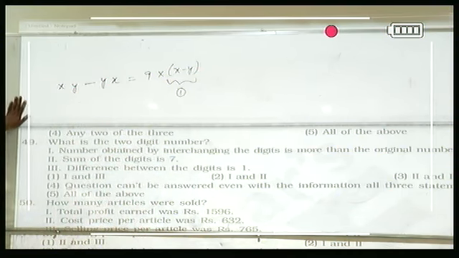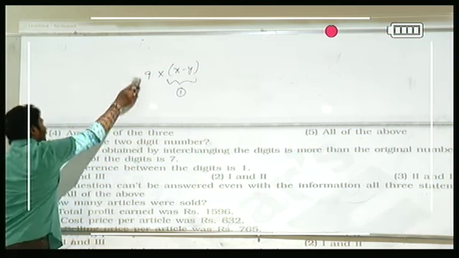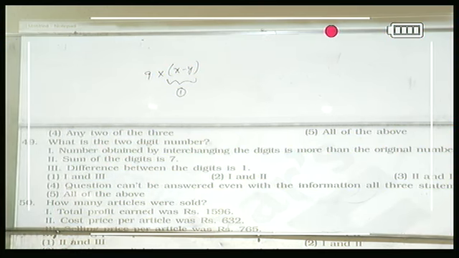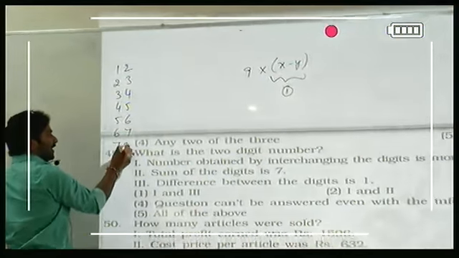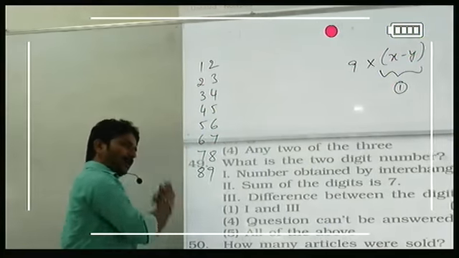The difference is given as 9. In the sense, you will definitely have combinations, but not a unique answer. The number may be 12, 23, 34, 45, 56, 67, 78, 89. Take all these numbers.